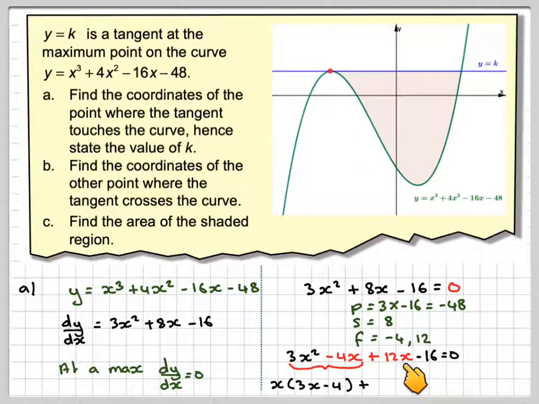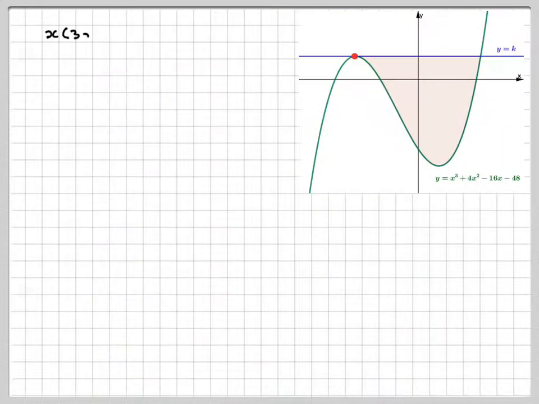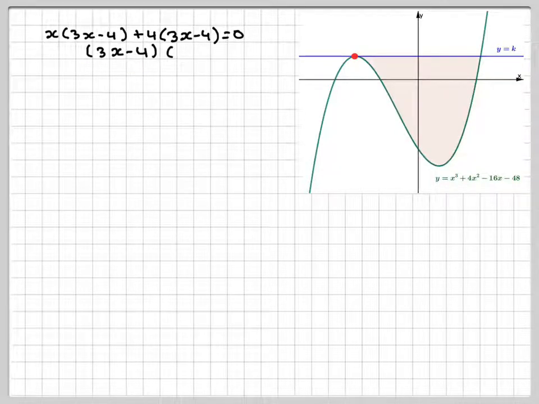Common factor here of 4, take that out. And again, we're going to get 3x minus 4 is equal to 0. So we got the same thing here, so we know we've done it correctly. So now we have a common factor of 3x minus 4, so we take that out, and we're left with x plus 4 is equal to 0. So x is equal to 4 over 3.